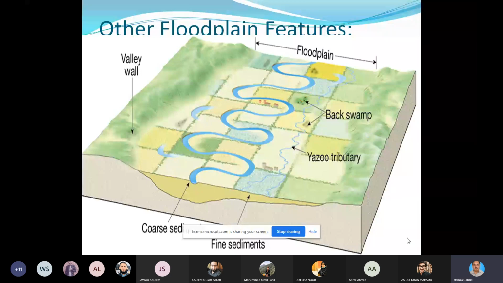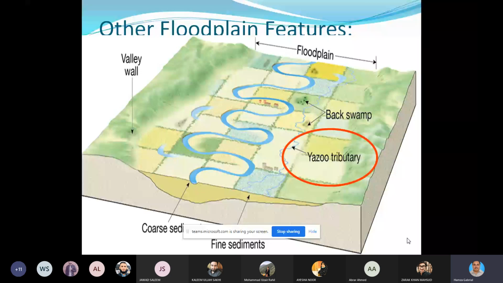And the other type of feature you will observe in a floodplain is the Yazoo tributaries, which are tributaries that fail to join the main river or main channel due to the formation of levees. So they are cut off from the main channel and they run parallel to it.